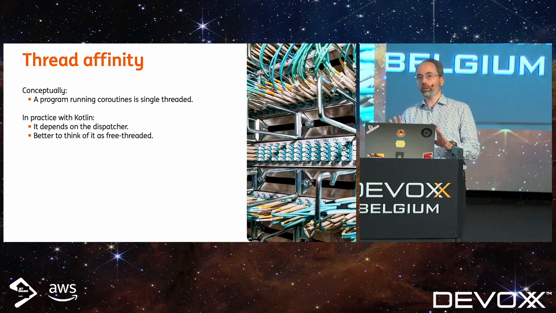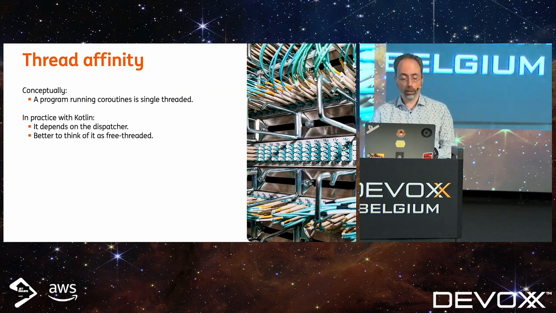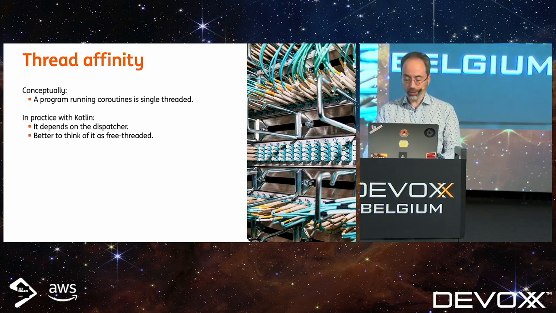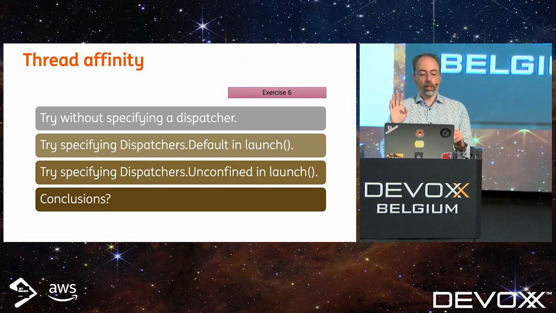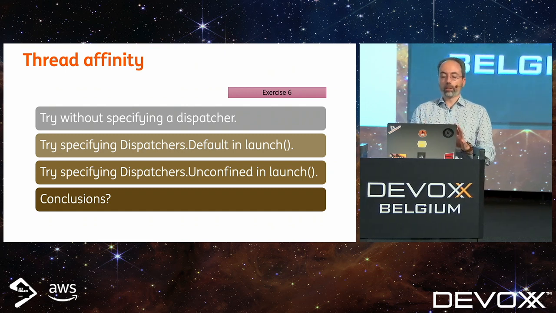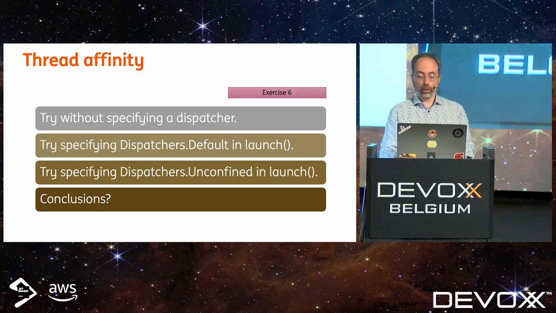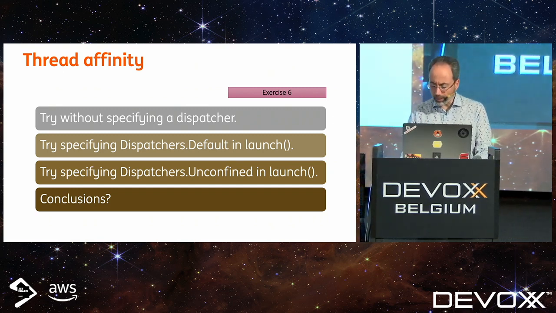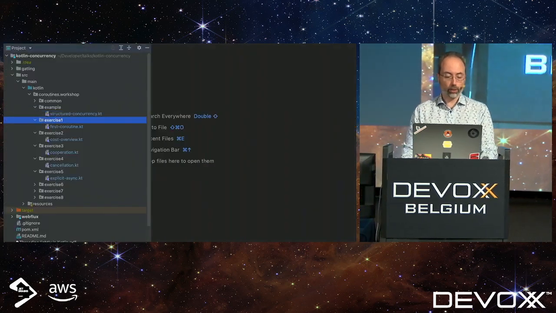This also has consequences with regards to sharing resources, but that's going to be a next subject. And there are at least two dispatchers that we can use, the default and the unconfined. There are a couple more. And let's see what happens when we start playing around with dispatchers.